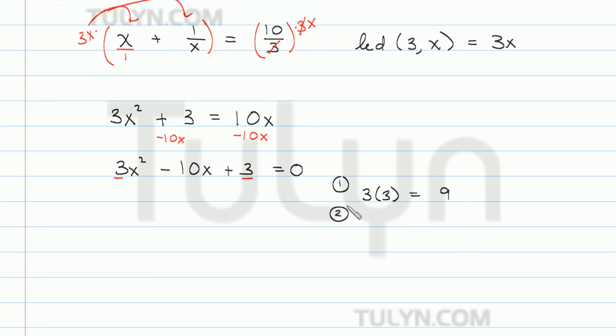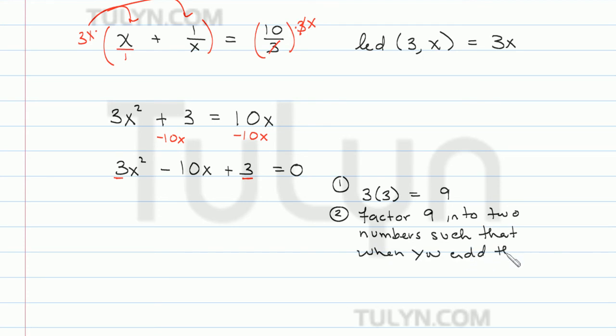And then the second step is that you want to factor positive 9 into two numbers such that when you add them, you get negative 10. You get the middle term.